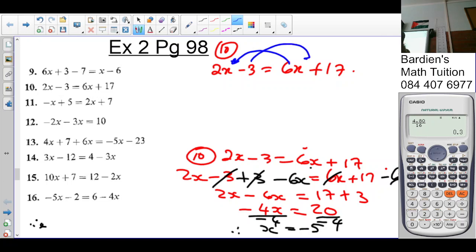And the negative 3 belongs on that side. This 6 is positive, so when I bring it over, it becomes negative 6x. Can you see that? The 17 is staying there, and I bring the negative 3 over, it becomes positive 3. So now you see this step here is the same as this step here.